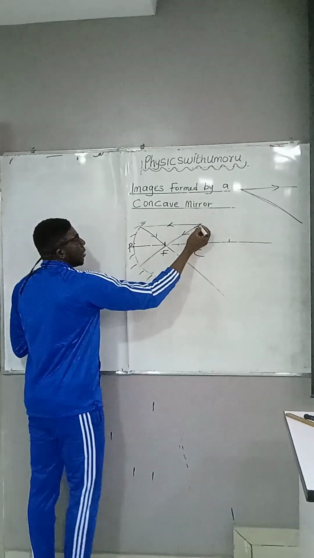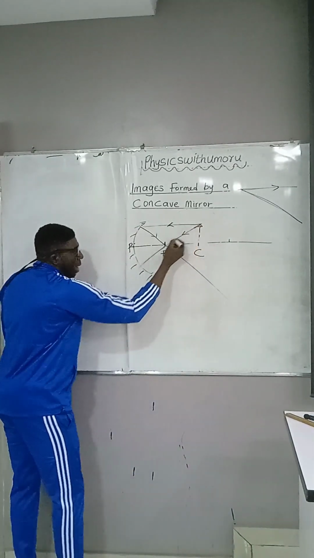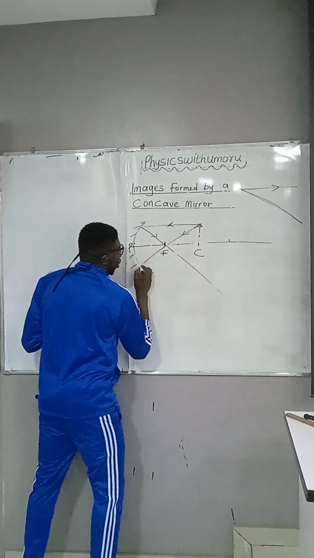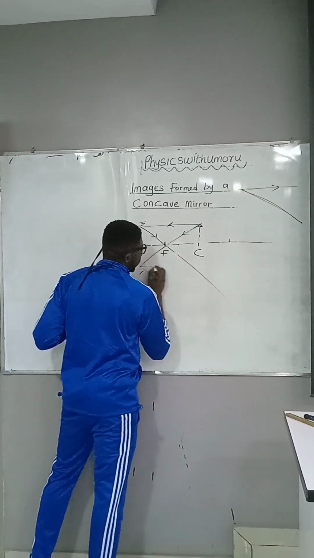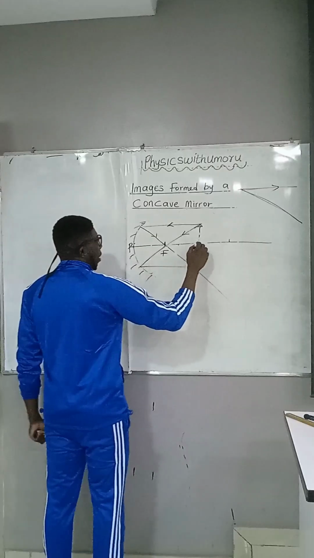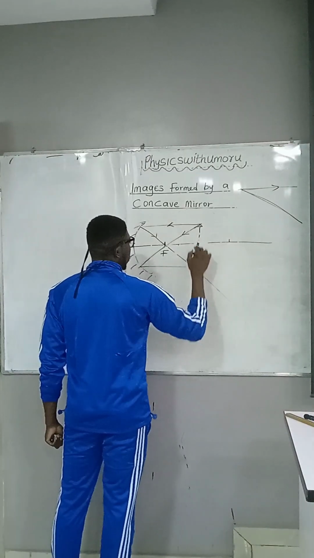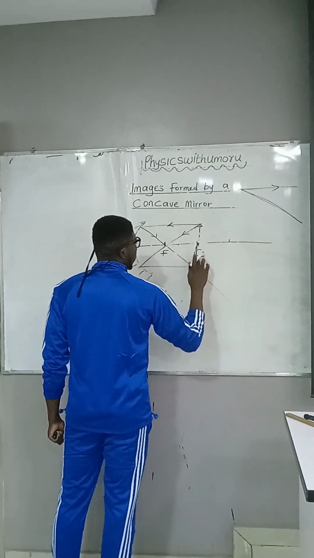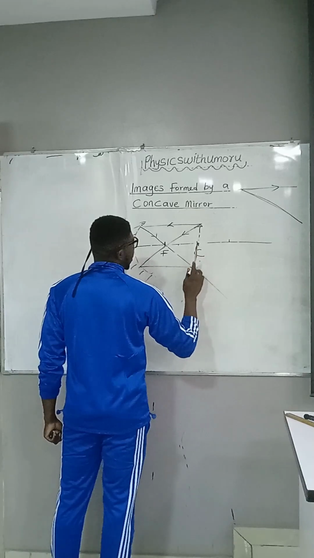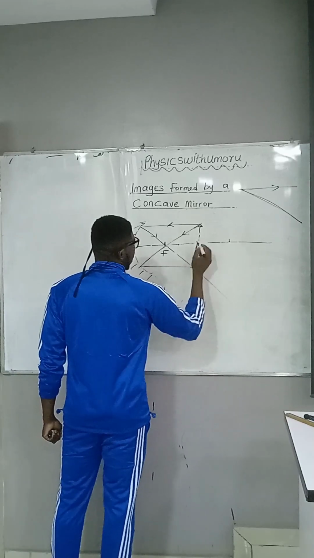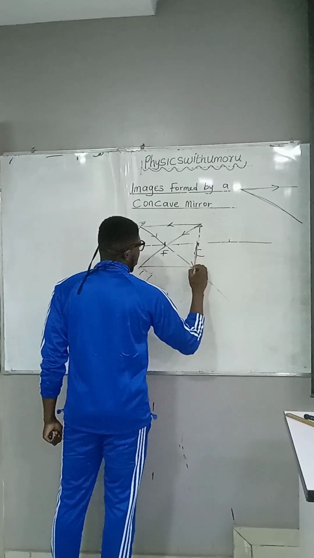So if this second ray will now pass through F, you notice that when coming back, it's going to return parallel. Now when we draw, we are going to get this image.